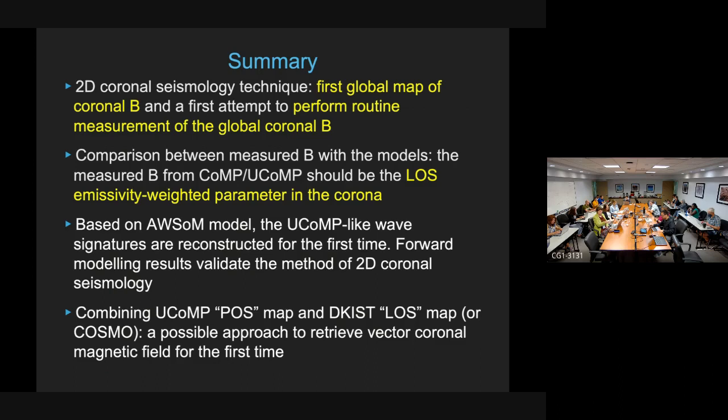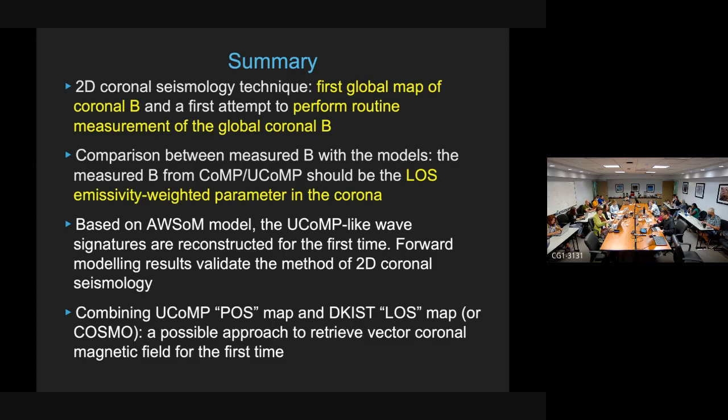And also based on a global model, we synthesized the UCoMP-like wave signatures, and we can apply this coronal seismology method to validate it using forward modeling.